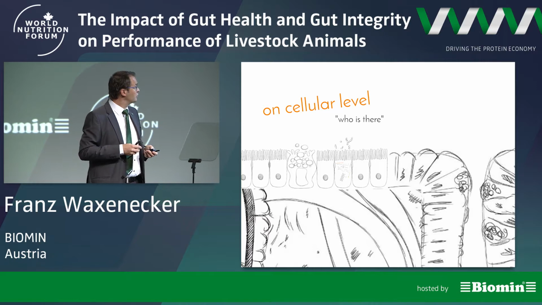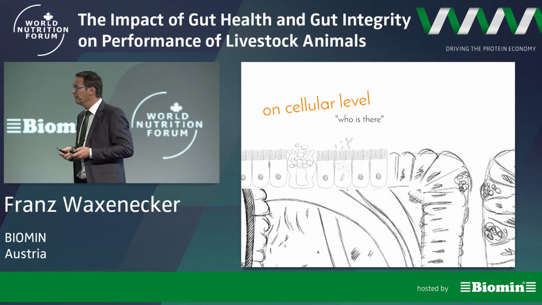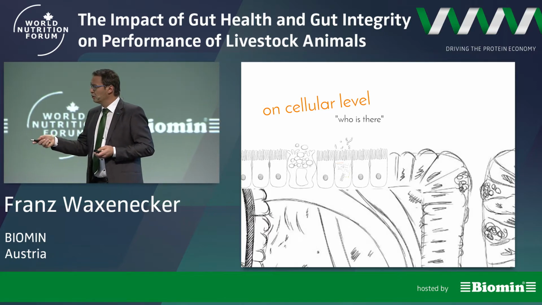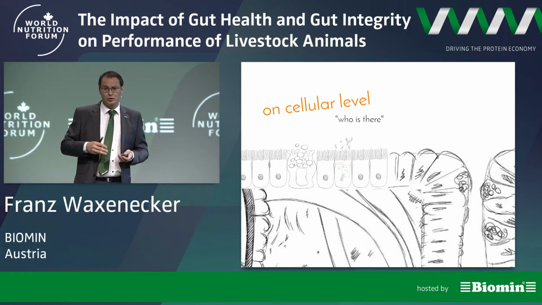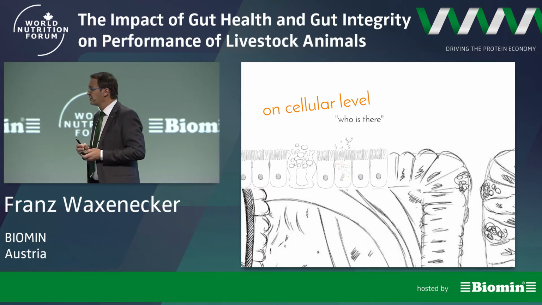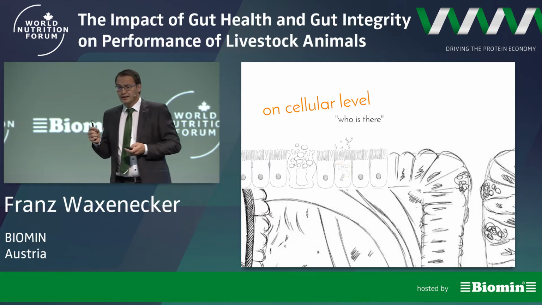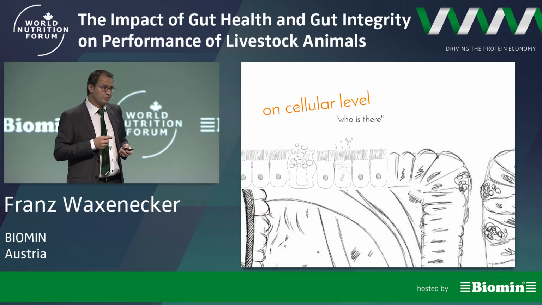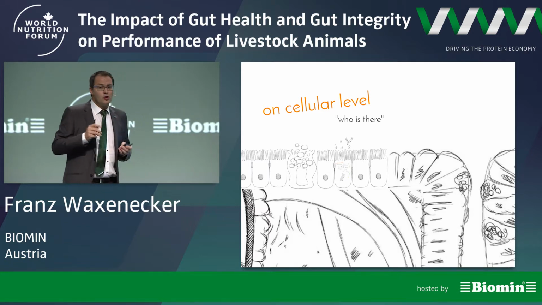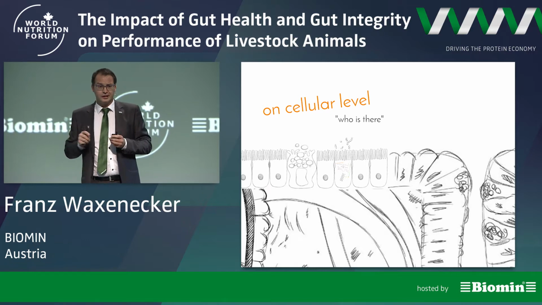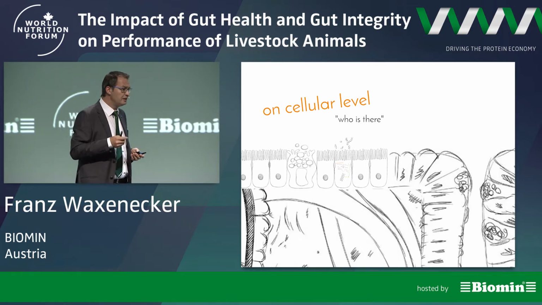In the recent years, we spent a lot on cellular level and to understand better the role of the enterocytes, the role of bacteria in the digestive tract. Our question, or the answers we got here, were mainly on the question, who is there? We could identify who is there.